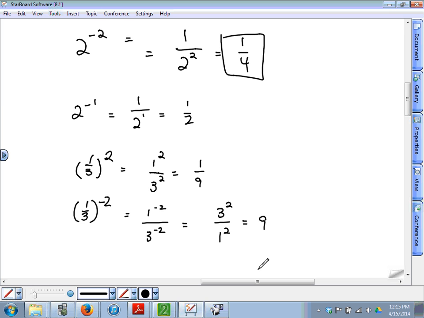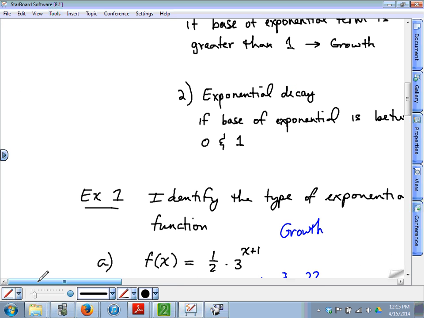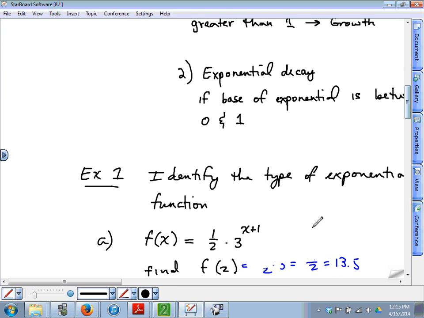So this is just a little bit of prep work for the example I was going to have you do. Are you a little bit more comfortable with fractions and exponents now? All right, try this one.